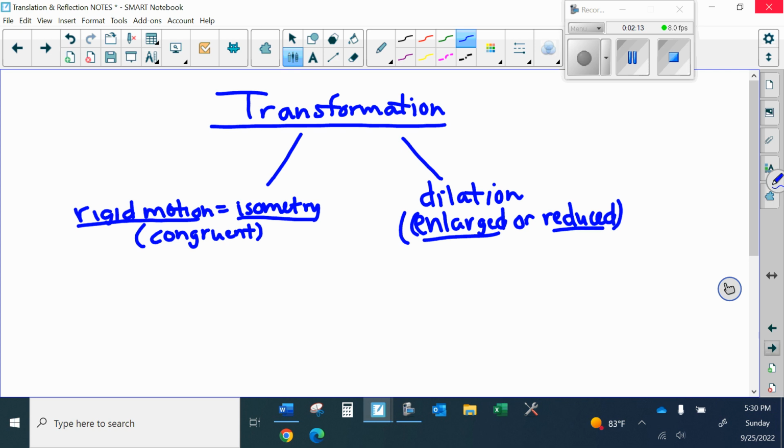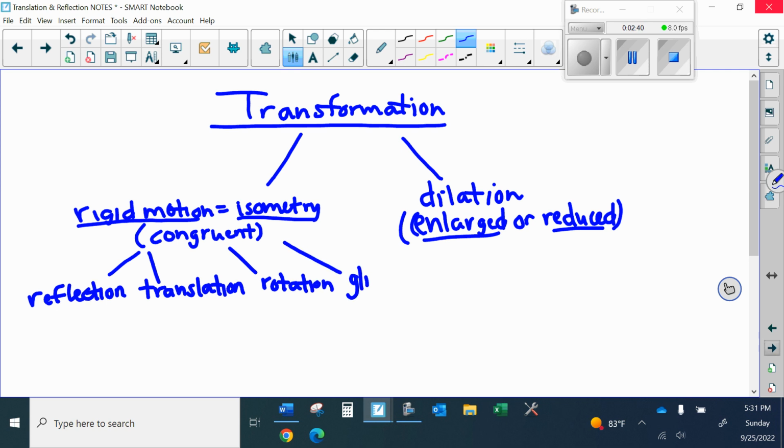Okay, we are only focusing today on two types of rigid motions. Now there's four types we have here. We have a reflection. Next one is translation. Then you have a rotation. And lastly, there's what's called a glide reflection.